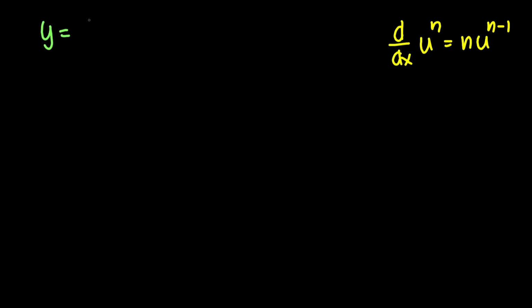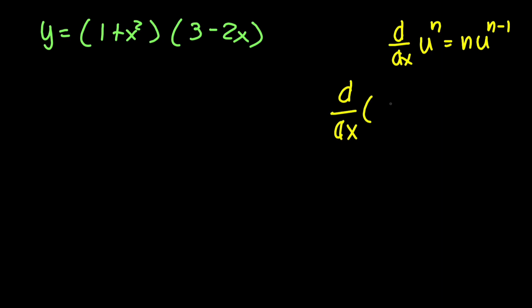Y equal to 1 plus x squared multiplied by 3 minus 2x. This is another formula regarding derivatives. The derivative of uv would be equal to u multiplied by the derivative of v plus v multiplied by the derivative of u. Or the other way around, v multiplied by the derivative of u plus u multiplied by the derivative of v.